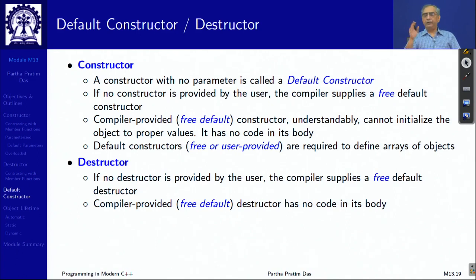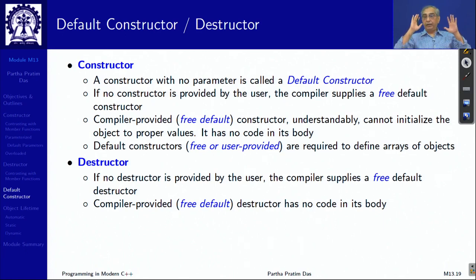It is very common that we do not write a destructor, because if there is no dynamic allocation usually, then there is no need to specifically do anything when the object is going out of scope, right. The automatic scoping will take care of it.